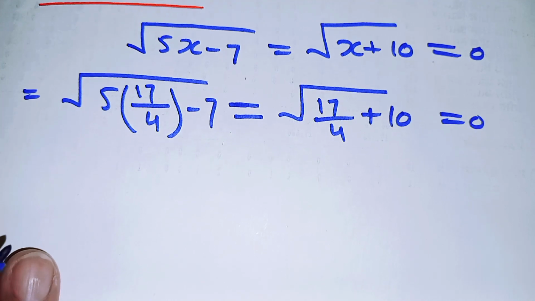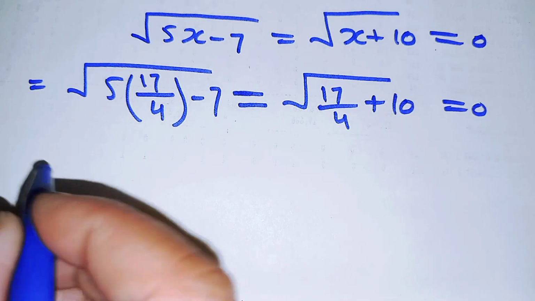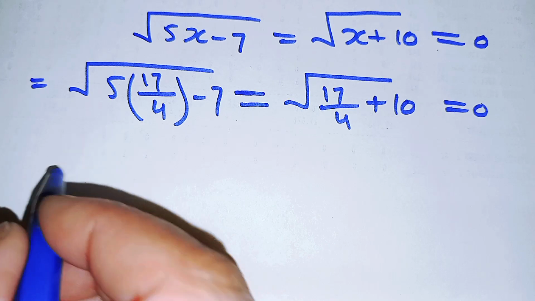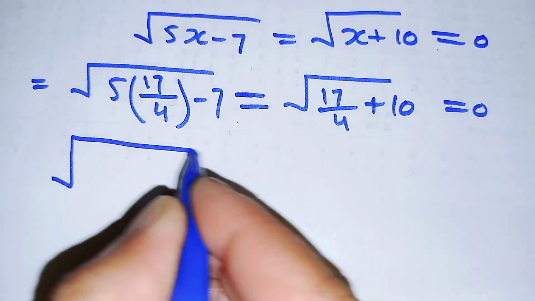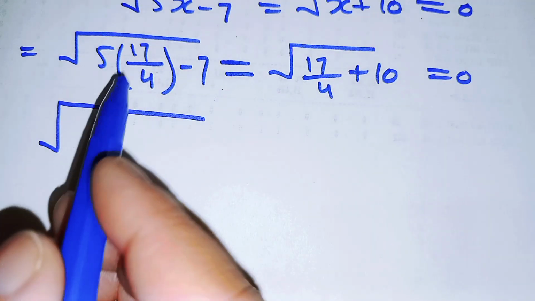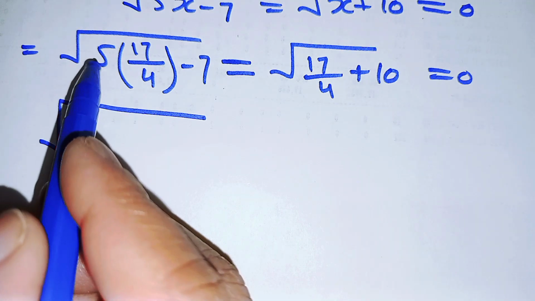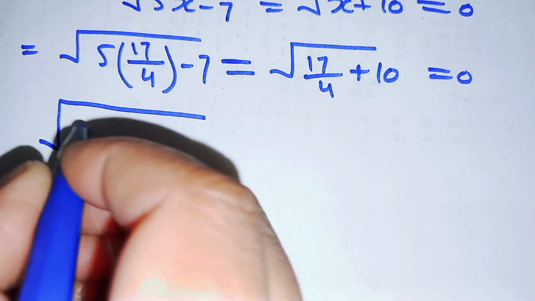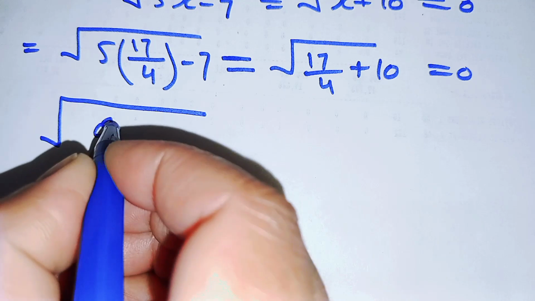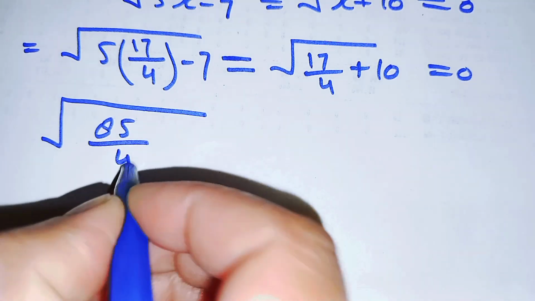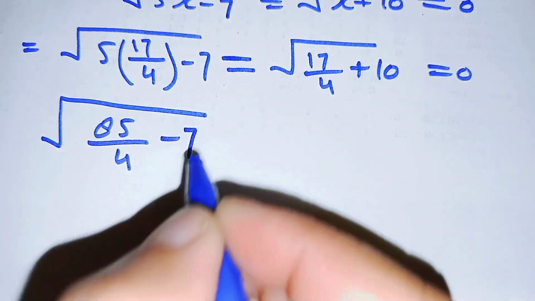And now here square root of this 17 multiply 5 is equal to 85 over 4 and then minus this 7.